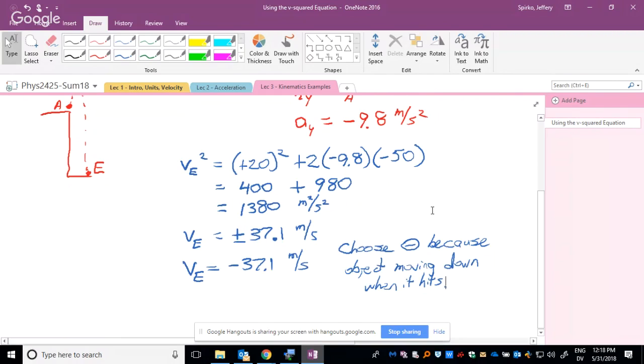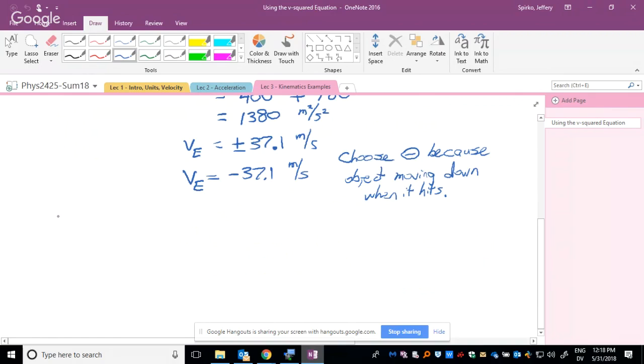Okay, so this opens everything up for point E, because now we're still dealing with the process of going from point A to point E.